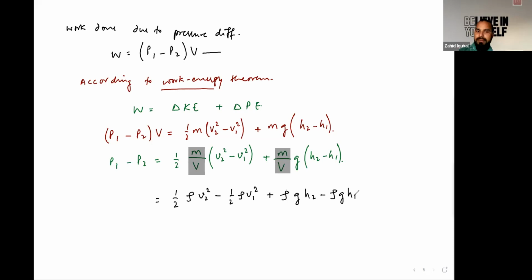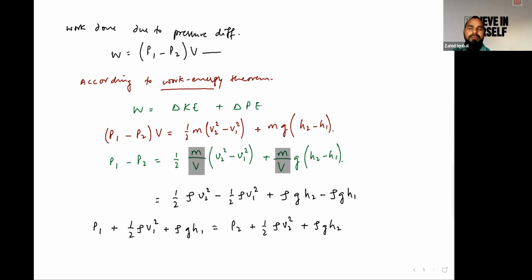Now move same term or having same subscript to one side and other to other side. That is P1 plus half rho V1 square plus rho g h1 equals to P2 plus half rho V2 square plus rho g h2.